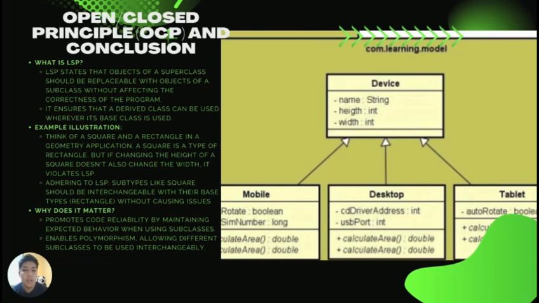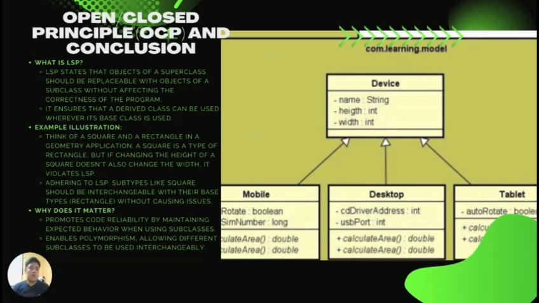A square is a type of rectangle, but if changing the height of the square doesn't also change the width, it violates LSP. Adhering to LSP, subtypes like square should be interchangeable with the base type rectangle without causing issues.